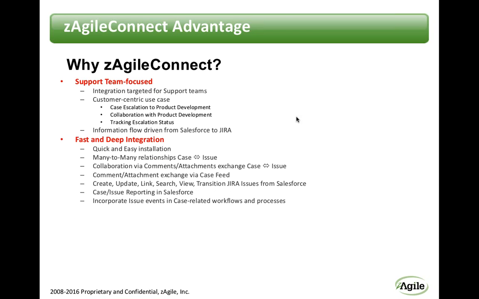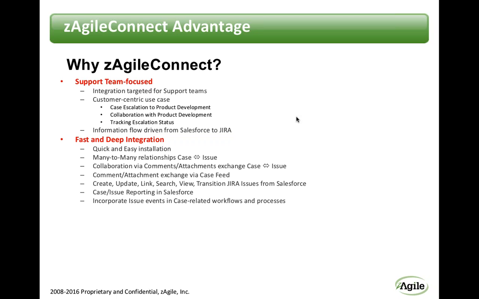Zagil Connect provides fast and deep integration. The installation is quick and easy, and there are a lot of features, again, providing those benefits that I mentioned earlier to the support teams. For example, many-to-many relationships between case and issue.